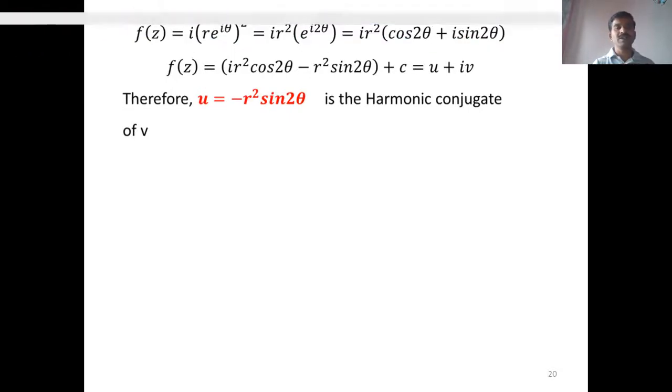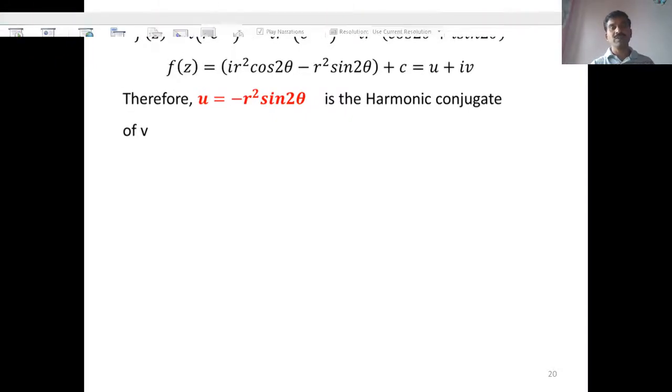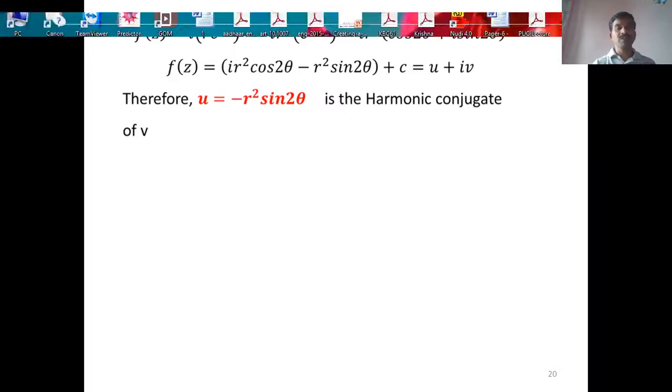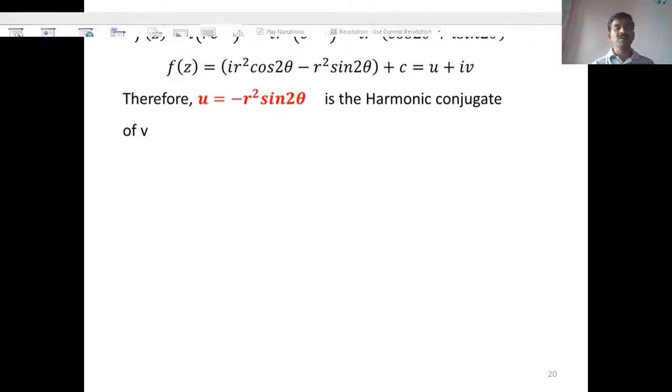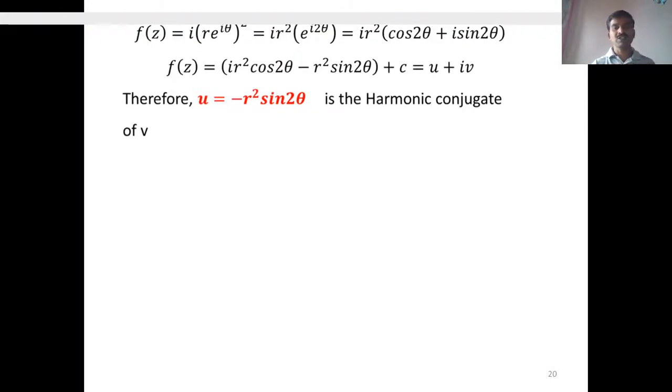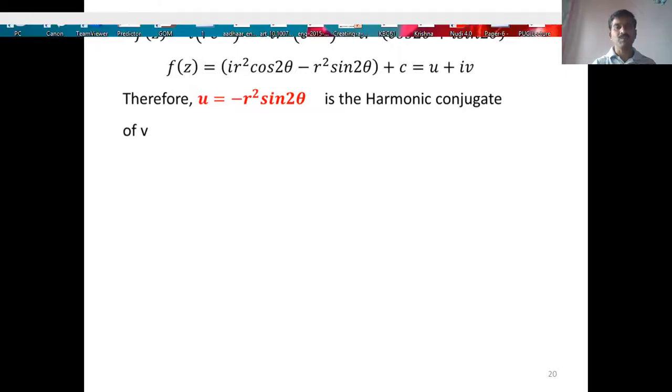In the second example in the note, u is a harmonic conjugate of v, but v need not be a harmonic conjugate of u. That we discussed in the next note by taking an example.